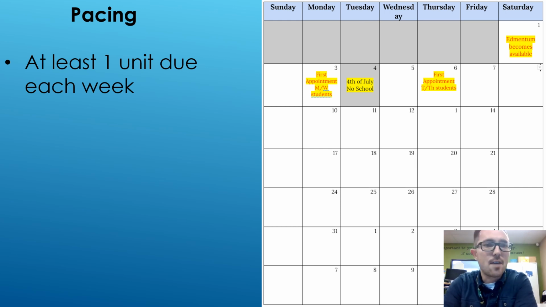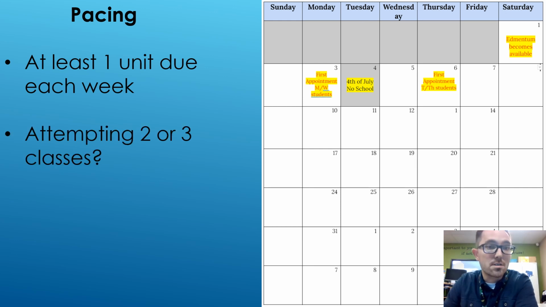That's just accounting for a single course. I noticed that almost all of my students this summer are attempting 2 or more courses. Think about it this way: you need to be finished with your summer class before you return to your regular traditional school, so you need to have all your work done at least the very day prior to returning.